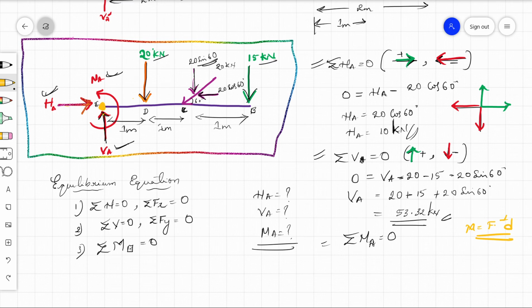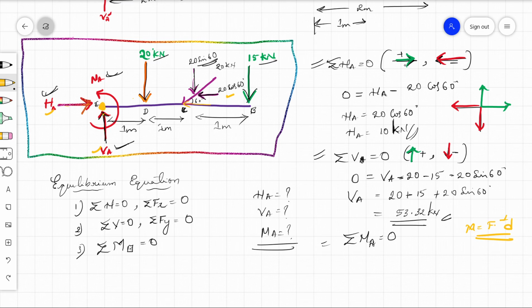Okay, these are all the forces, but HA, VA and 20 cos 60 are passing through the moment center. So it is directly 0. We are not referring to it.